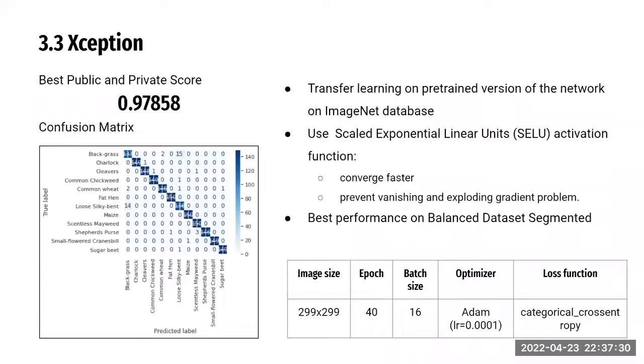It is a self-normalizing activation that allows the network to converge faster and avoid the vanishing and exploding gradient problem. And here the model got a fair result on the original dataset, segmented, with a score of 0.97, with the hyperparameters shown in the image.